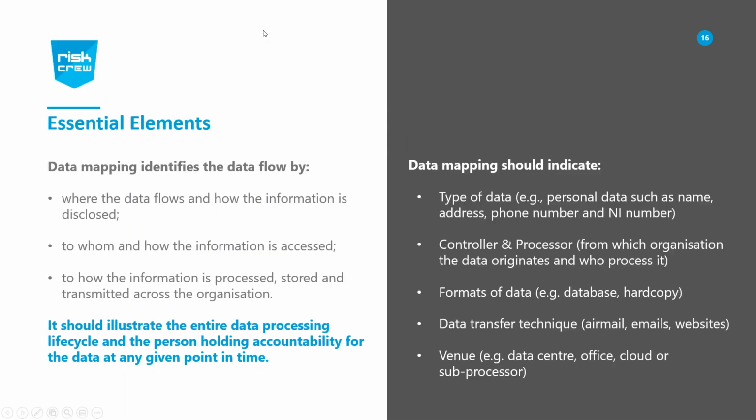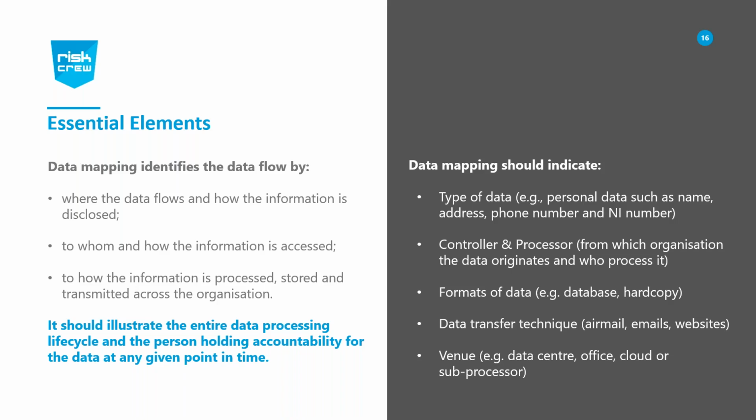The essential element of this exercise is to map the data flow by how it moves through the organisation, and how and where the information is disclosed. And I mean disclosed to anybody within the organisation.